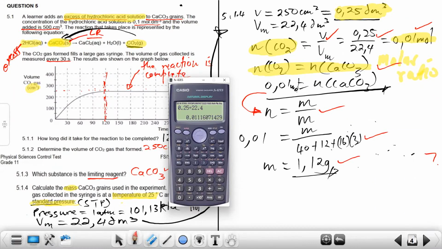You see, it says 0.0111607. So it means I must be able to take 0.01116 up to 6, and then that is the only number that I am going to use. I can only round off at my final answer.